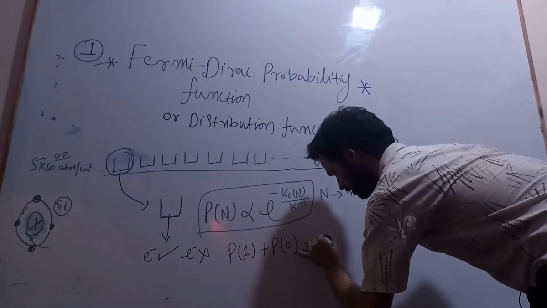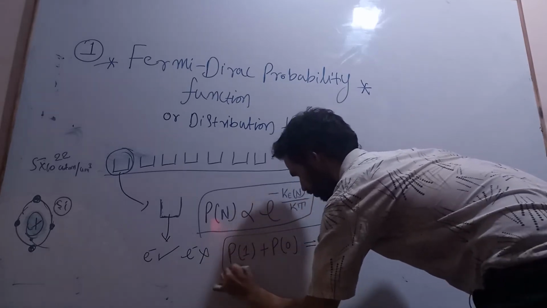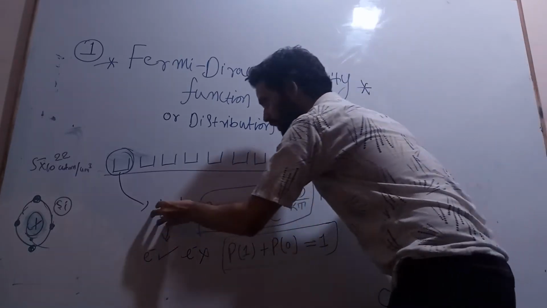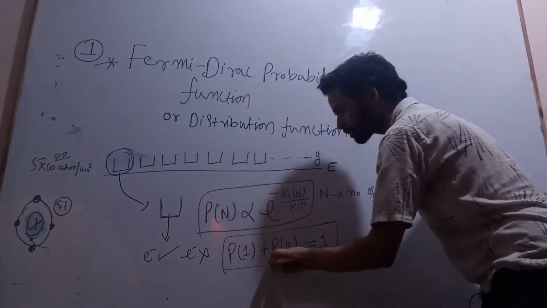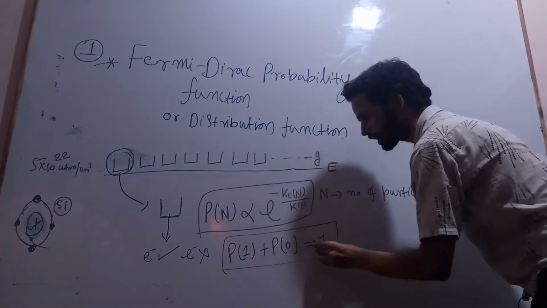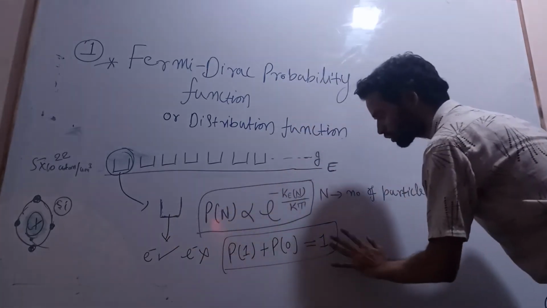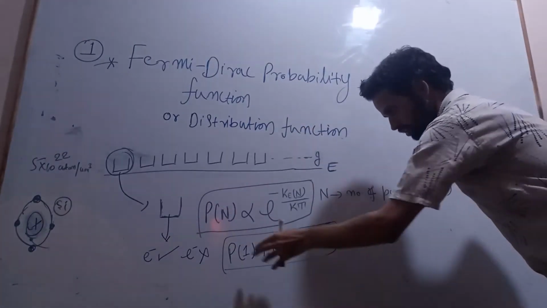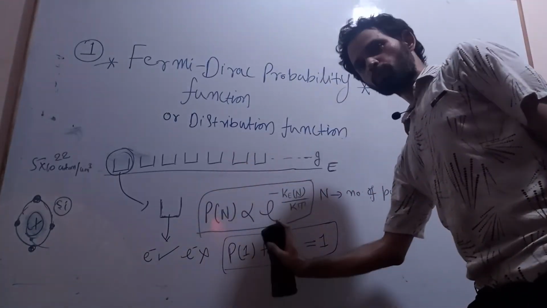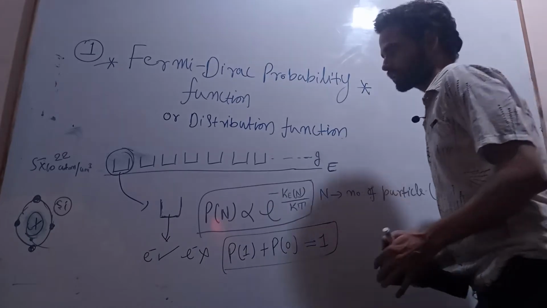So the probability that the quantum state is occupied by the electron plus the probability that it is not occupied by the electron is equal to 100%.